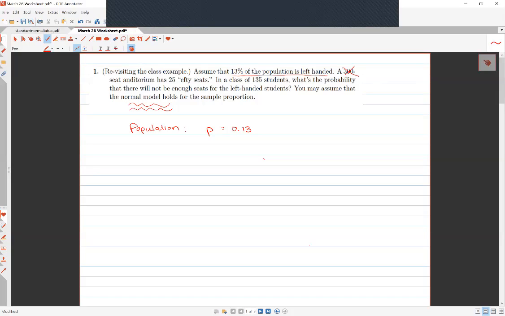So in my sample, the potential for having too many left-handed students would be the following. In the sample, if I have 26 or more, that would be when I run into a problem here.